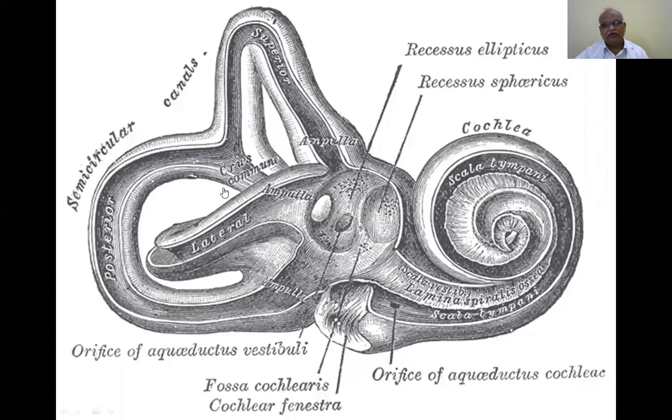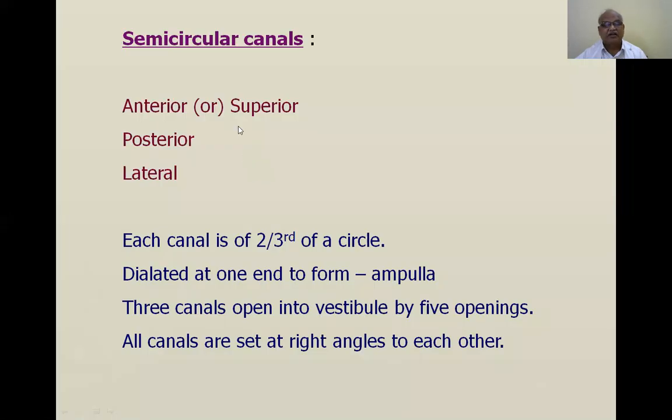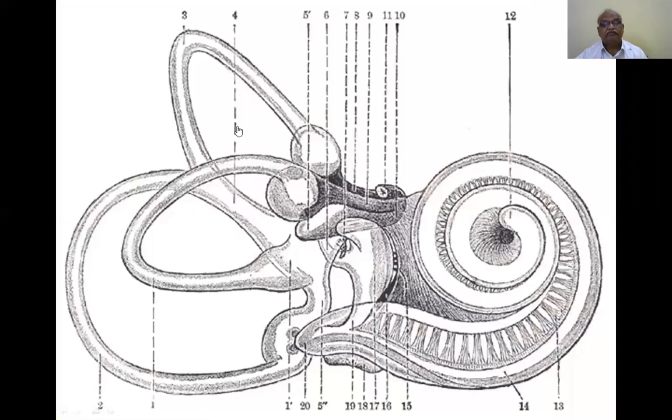So here I told you the position, how they are at right angles to the vestibule, and how they are at right angles to each other. This is the actual position of the semicircular canals: lateral, anterior or superior, and posterior.